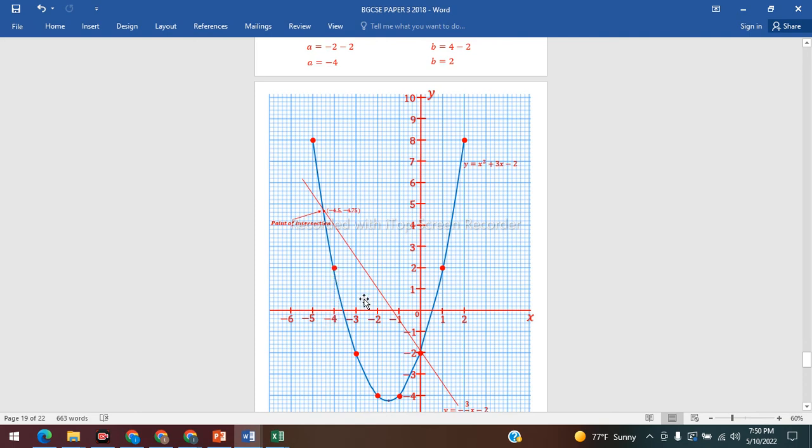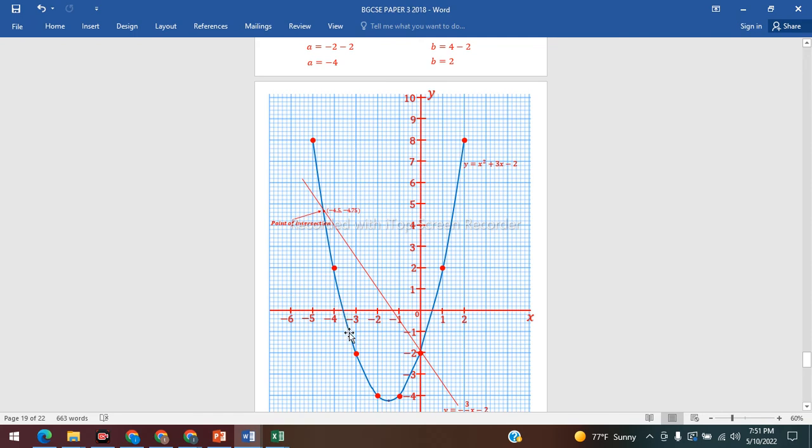Then negative 3 and negative 2. Then negative 2 and negative 4. Then negative 1, negative 4, 0, negative 2, 1 and 2, and then 2 and 8. And then what you do is you get your pencil and you do a smooth curve.